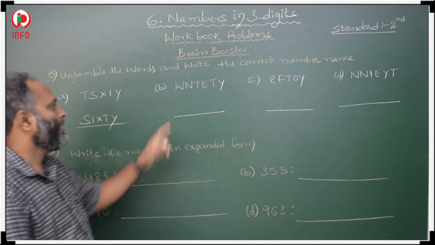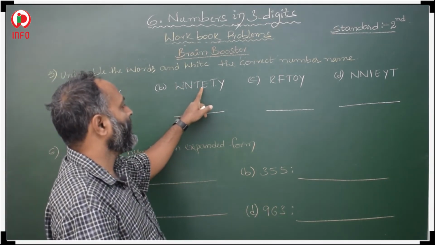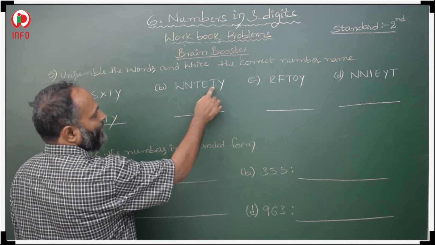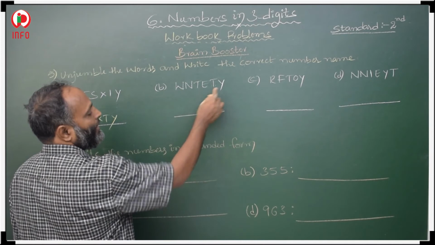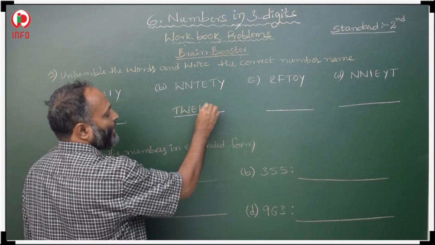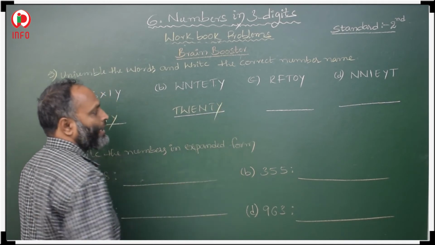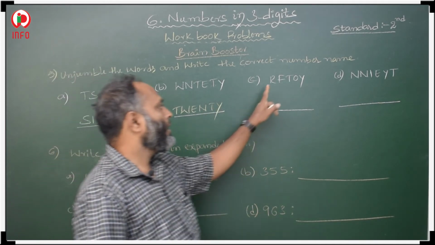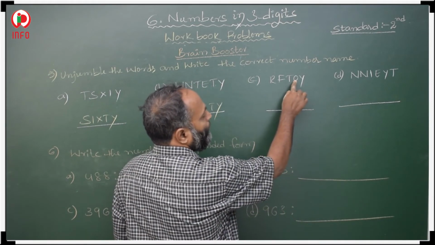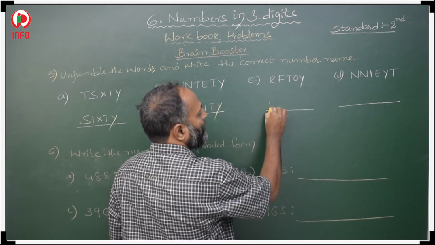Now here W N T E T Y. So here it is actually 20. T W E N T Y, 20. Correct form. R F T O Y means F O R T Y, 40.